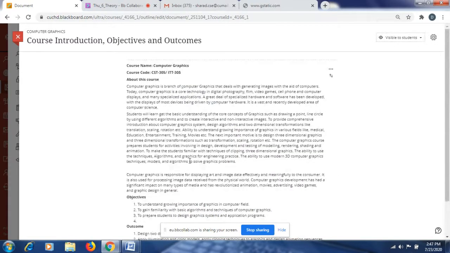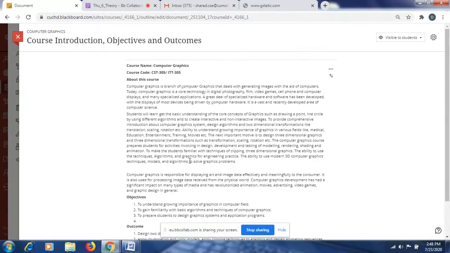So this will be the basics about this course. In computer graphics, we are dealing with images, and in this subject there are different types of algorithms, and also 2D transformation and 3D transformation, in which we perform various types of operations, that is translation, rotation, and scaling.